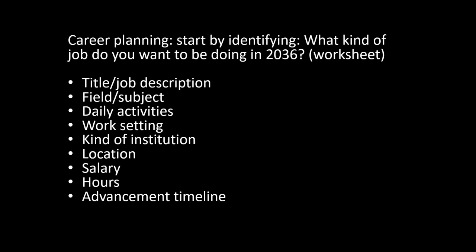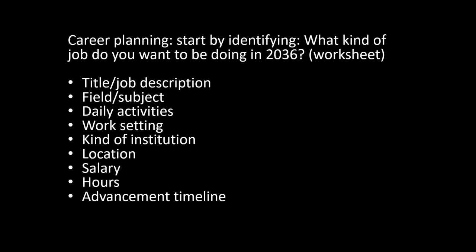Okay. So you're going to start with the worksheet. This is the career plan worksheet, which is part of assignment 7. What I'm asking you to do in that worksheet is to think about where you want to end up in the future. What kind of job do you want to be doing in the year 2036? That date is chosen because it's far enough out into the future that by then you will have been able to complete further education or further training, go through the entry-level positions that all of us have to start with, and make your way into the heart of a career, right?